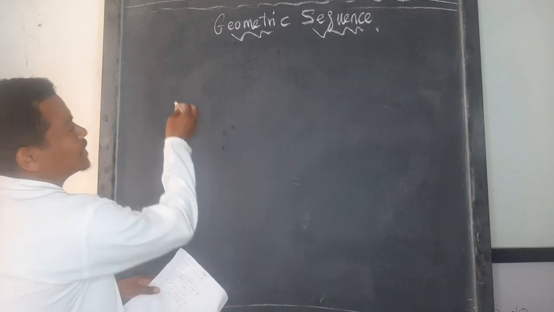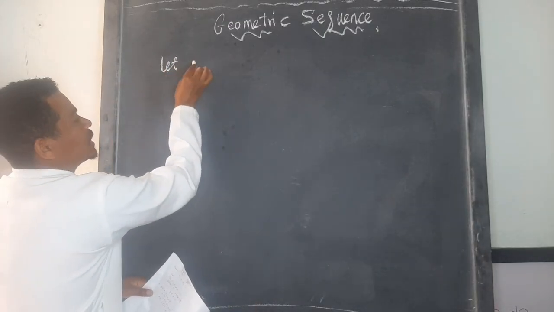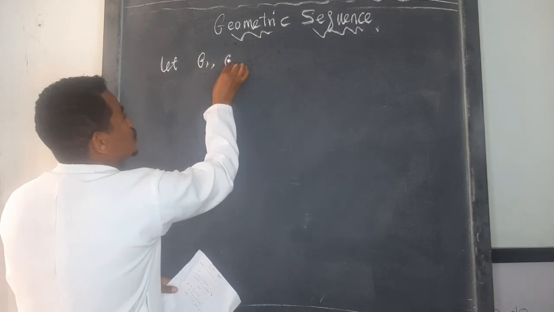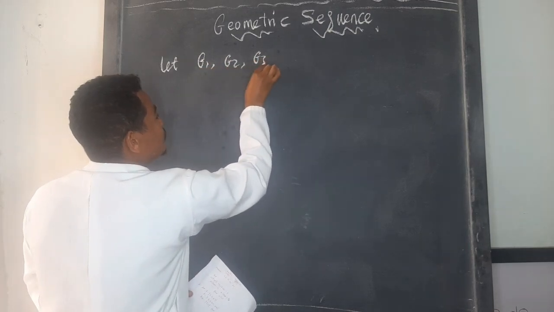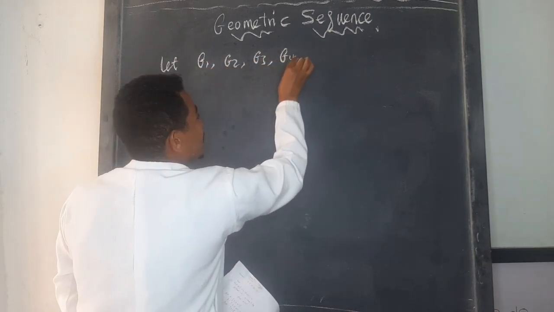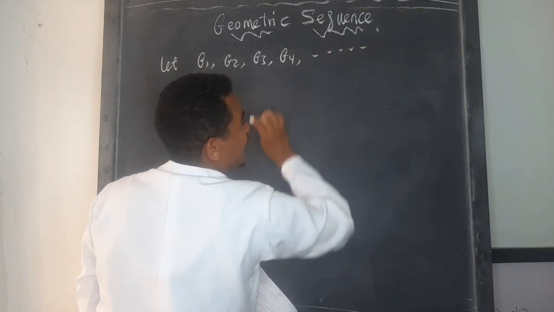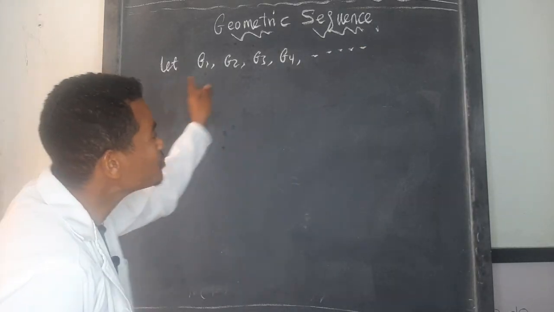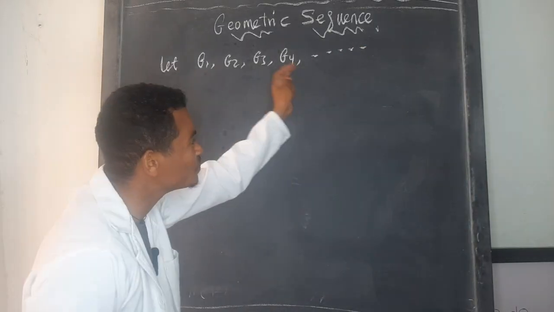That is, let G1, G2, G3, G4, and so on up to Gn be the terms of the sequence.